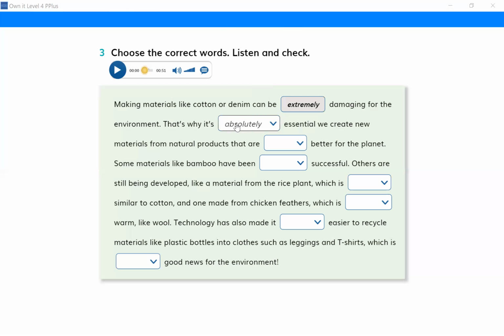Why it should be absolutely? Page 15. Hold on for a while, please. Because far wouldn't fit in that sentence. Asa is coming up with the answer.